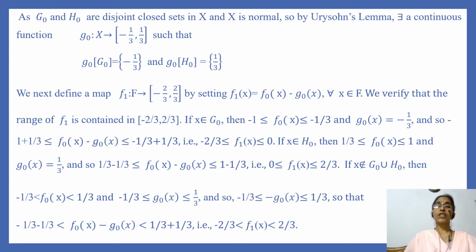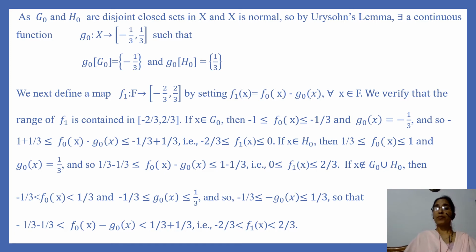As g naught and h naught are disjoint closed sets in X and X is normal, so by Urysohn's lemma, there exists a continuous function g naught from the whole space X to the closed interval [-1/3, 1/3]. Here we are taking the closed interval as [-1/3, 1/3], such that g naught of the set g naught is equal to -1/3, and g naught of the set h naught is equal to 1/3.